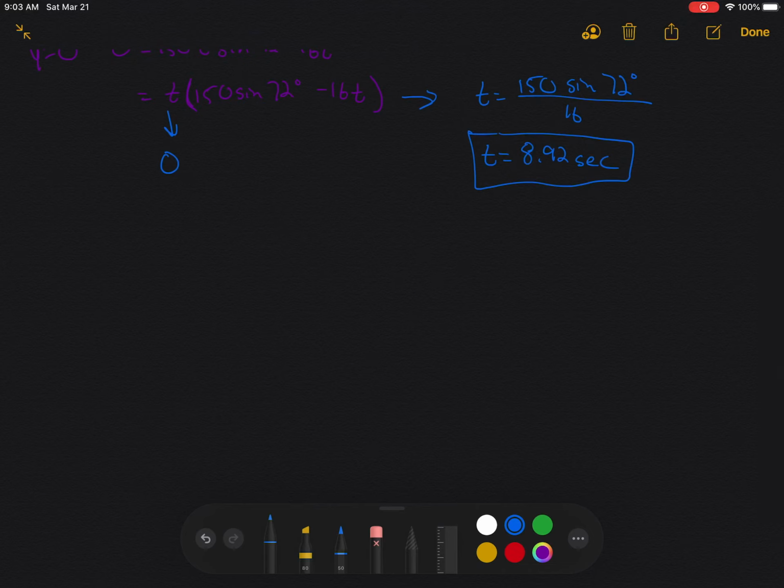The next question asks us, how far will it have traveled horizontally when it hits the ground? So we want to know its final horizontal distance. Luckily, we just found out its final time, so all we have to do is take the final time and plug it into the equation that tells us our horizontal distance, which is always going to be our x.